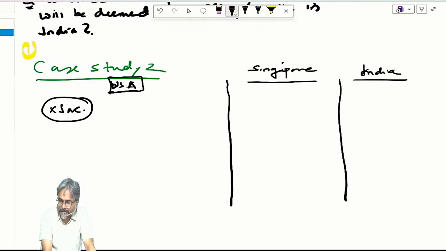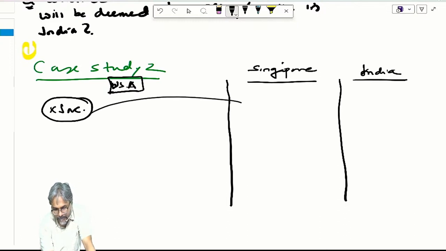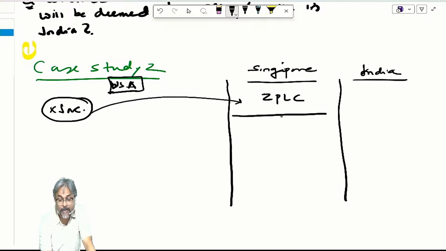In this context, he has set up a company which is based in Singapore, and the name of the company is ZPLC. So obviously, in this case, share capital was being introduced.